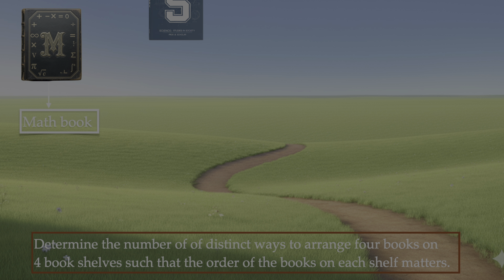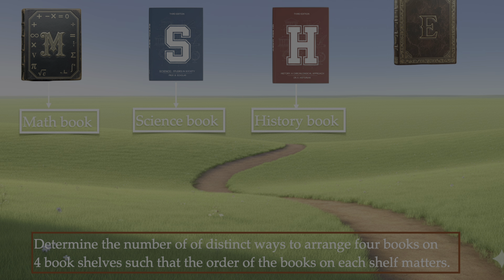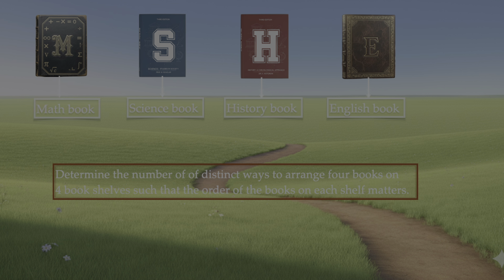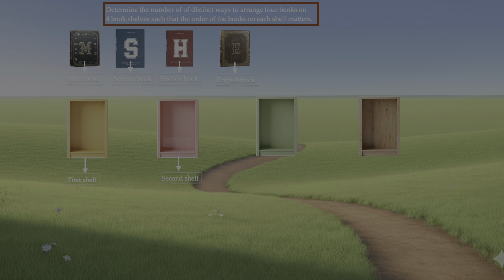Consider the 4 books: a math book, a science book, a history book, and an English book, as illustrated. Then consider 4 shelves: a yellow shelf, orange shelf, green shelf, and brown shelf, as illustrated.